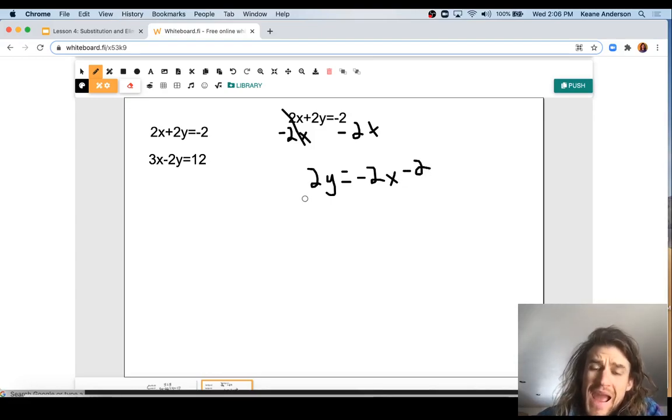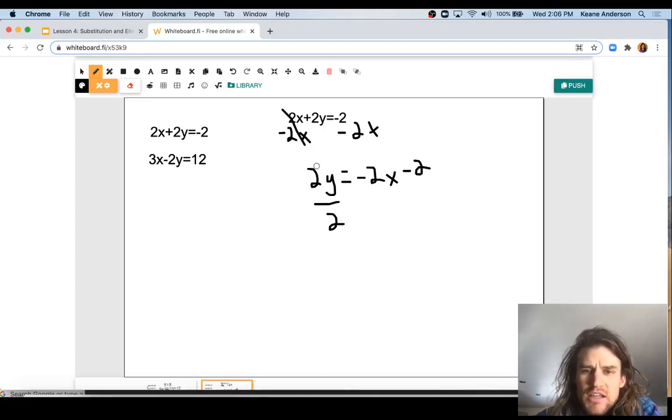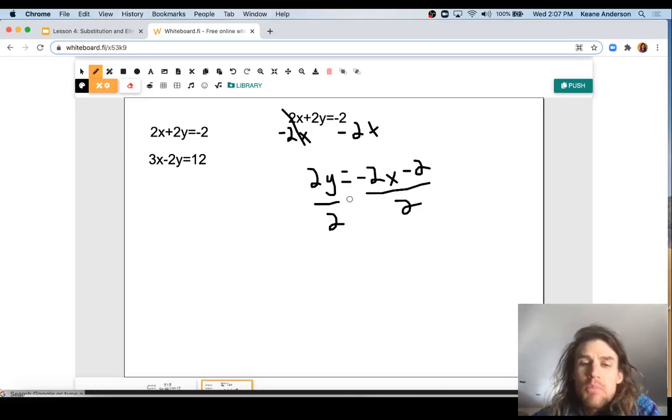Now I want to just know what y is. I want y by itself. So I'm going to divide both sides by 2. I need to divide both the negative 2x and the number 2. I need to divide everything on this right-hand side by 2. That's going to cancel out. I'm going to end up with y equals negative x minus 2.